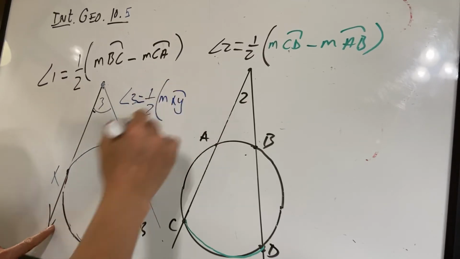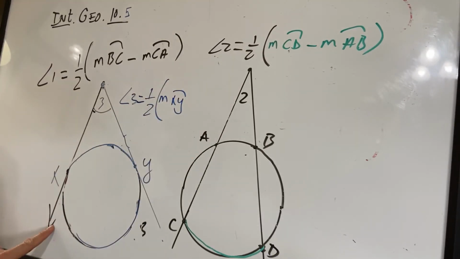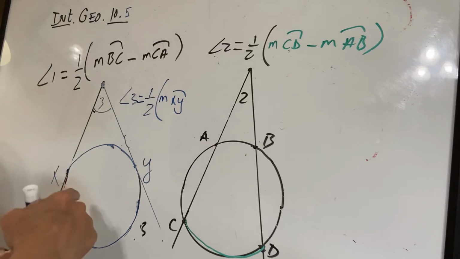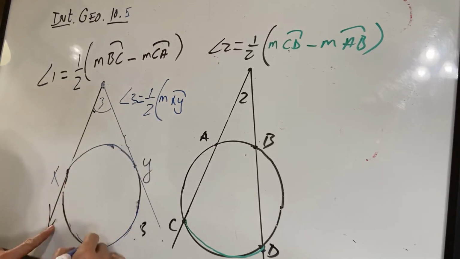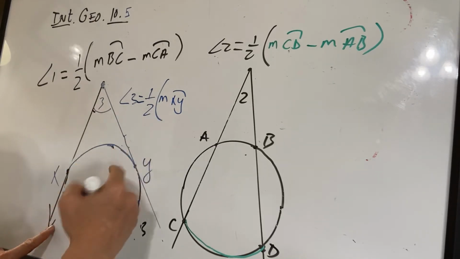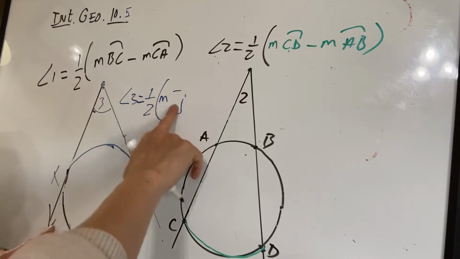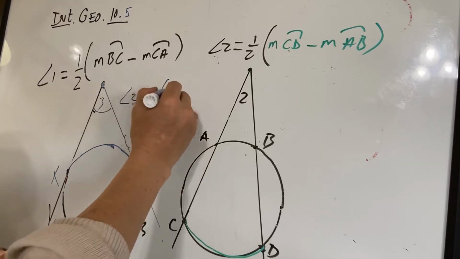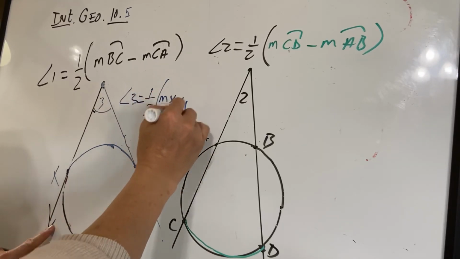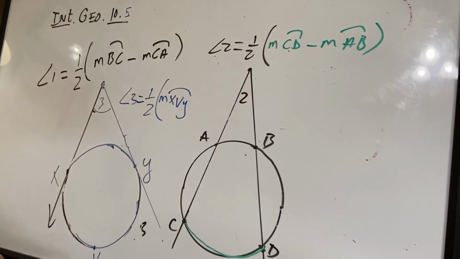If this is the bigger arc, then let's give it another name. Let me call a point V down here, XVY, to represent the major arc.